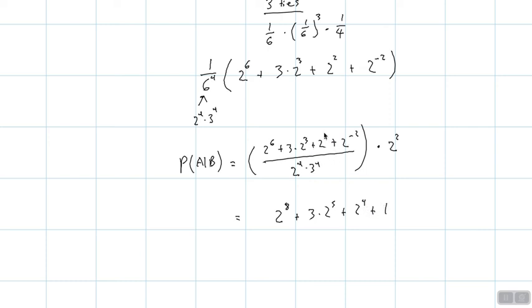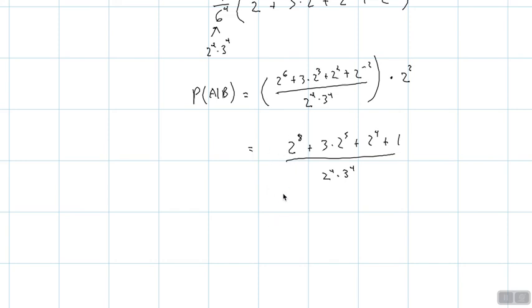I had all these in 2s just in case we'd be able to easily factor here. But in this case, I just found it easier to go ahead and multiply by the 2 squared and then do that canceling. So this is what we have, still over 2 to the 4th times 3 to the 4th.